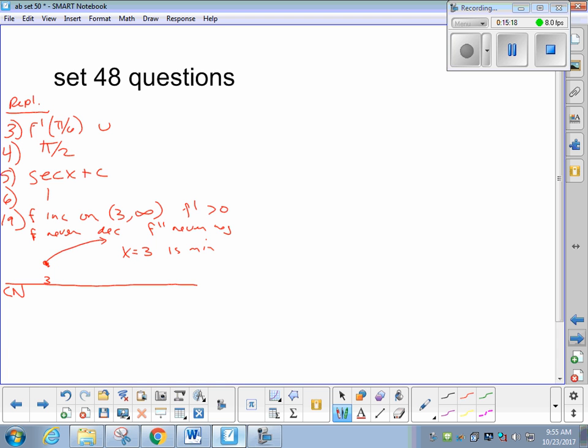So on A, the domain was x is between -2 and 2, the derivative is -2x over 2 root 4 minus x squared, and the critical numbers are 0, 2, and -2.